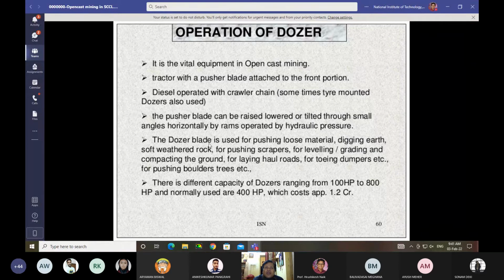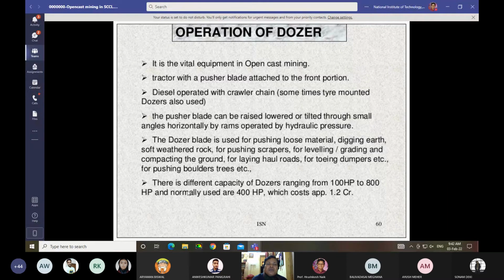The dozer blade is used for pushing loose material, digging earth, soft weathered rocks, for pushing the scrapers, for leveling, grading, compacting the ground, for laying haul roads, for towing dumpers, etc. For pushing boulders, trees, etc., the dozers are used.